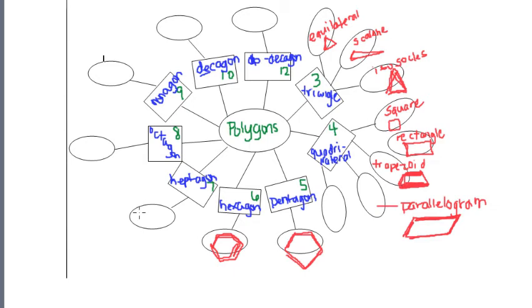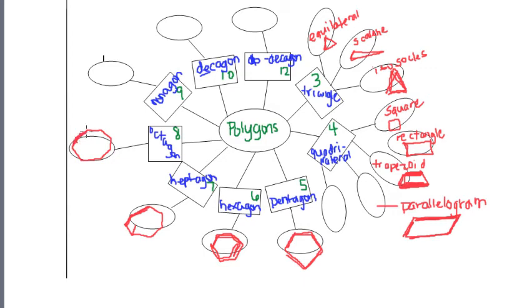Heptagon, I'm just going to try this one. 1, 2, 3, 4, 5, let's go 6, 7. It's kind of hard. Okay. Octagon, like a stop sign. 1, 2, 3, 4, 5, 6, 7, 8.